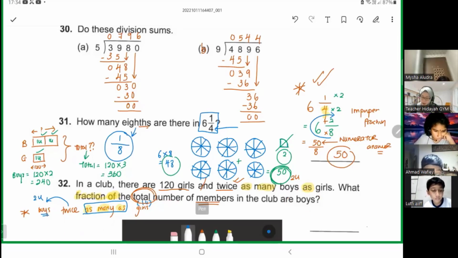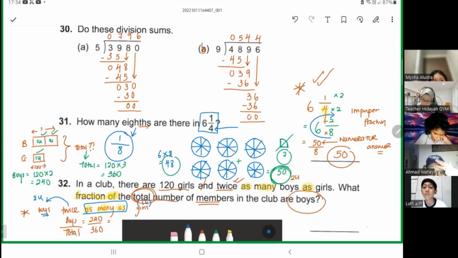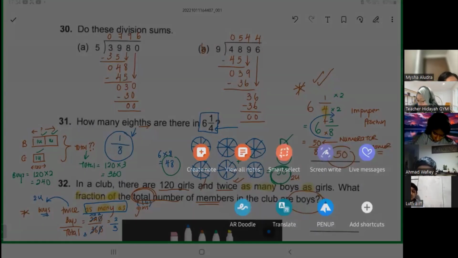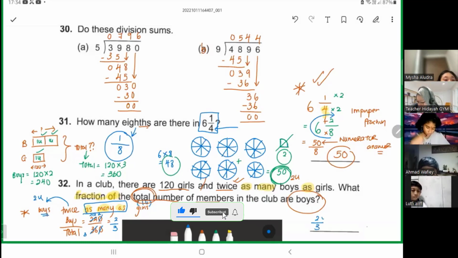Now, you need to make them into simplest form. 0 and 0 can be divided, means divide by 10. 24 and 36 divided by 12. Faster. If you divide by 2, can, but very slow. About 4 times of that. Divide by 12, I get 2. Divide by 12, I get 3. Answer is 2 over 3.